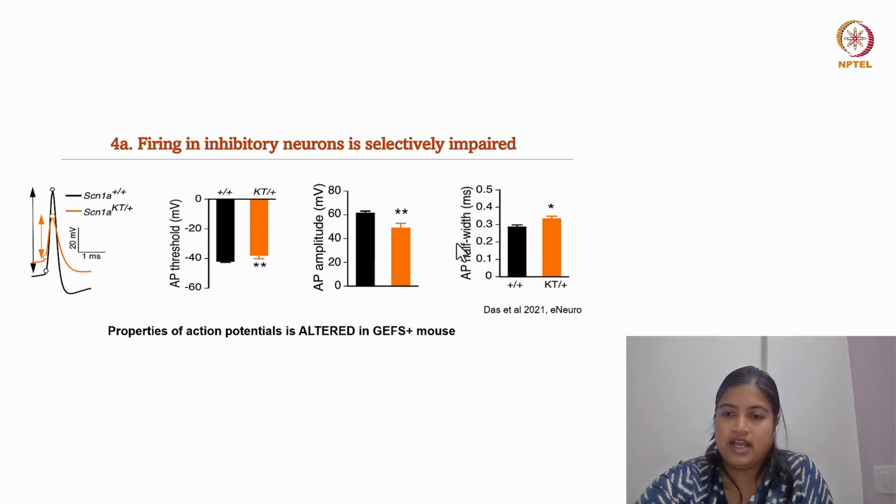We also looked at the half width, which is the distance across the action potentials at half of their height, and we found that there were differences there as well. The mutant mice had a broader half width. So these indicated that the properties of action potentials in the inhibitory neurons were altered in the GEFS plus mouse.